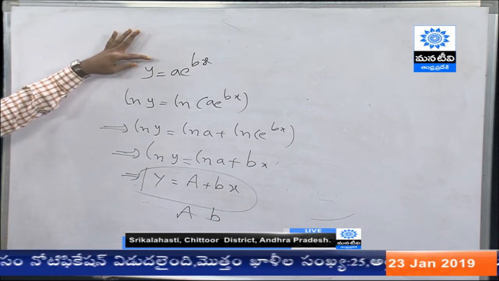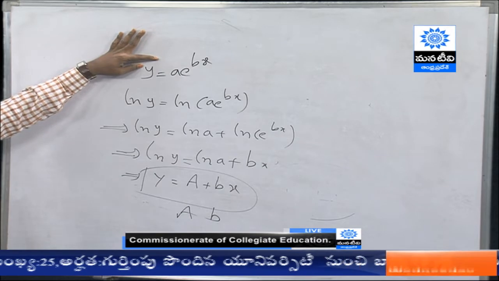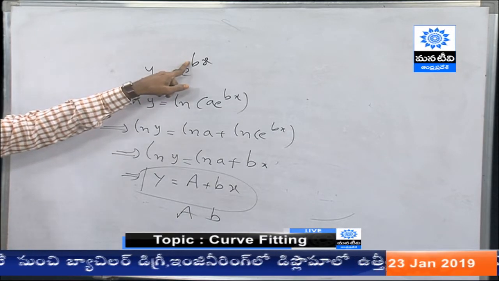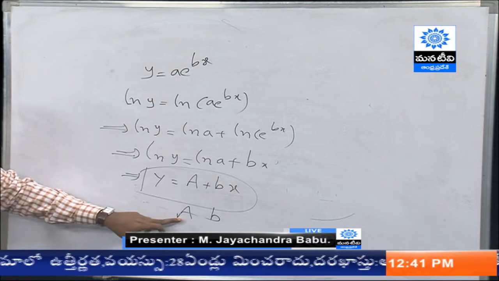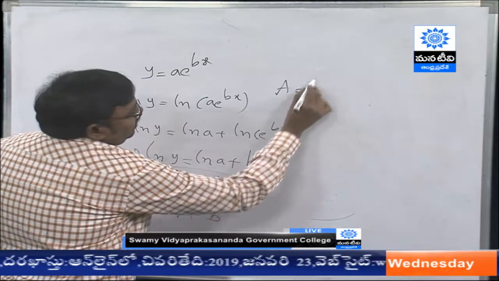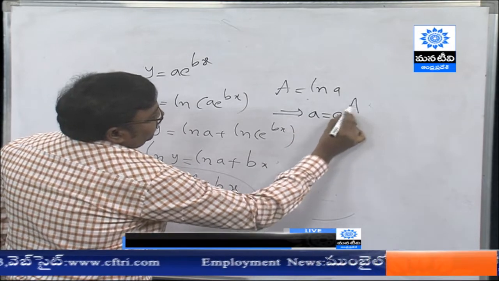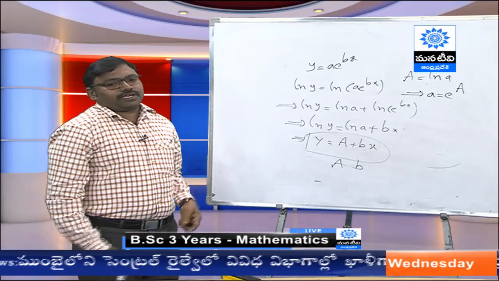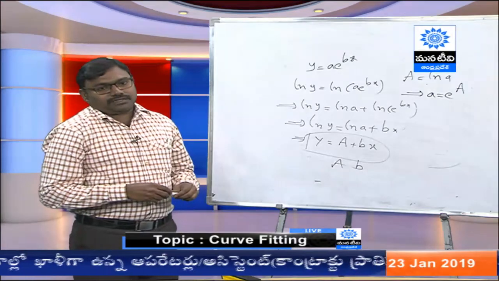Our task is fitting an exponential function to the data, which means we need to find small a and small b, not capital A. So we need to convert capital A to small a, because capital A is nothing but ln a, that is, small a equal to e power A. These two are available in the scientific calculator, so we can easily do this using a scientific calculator.